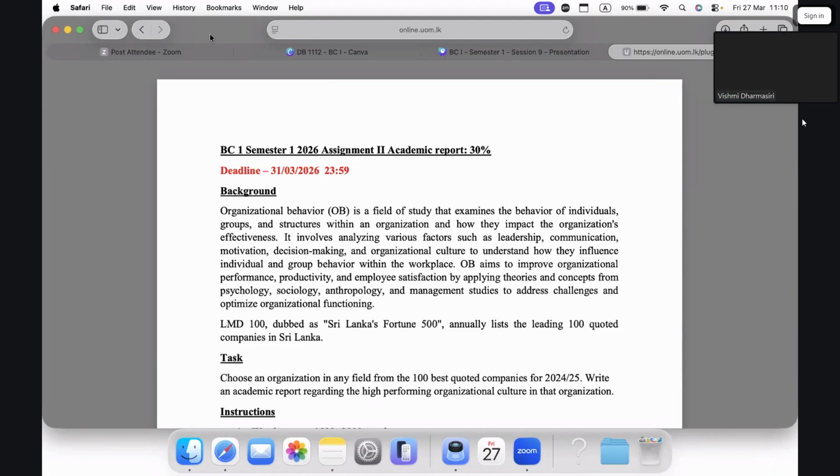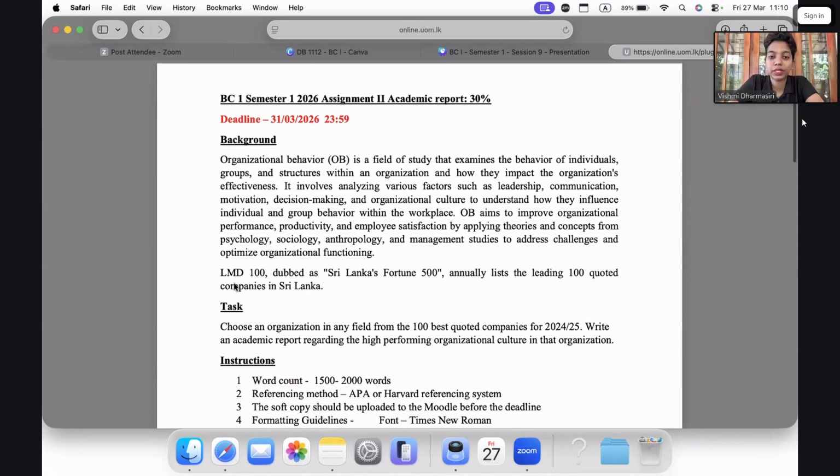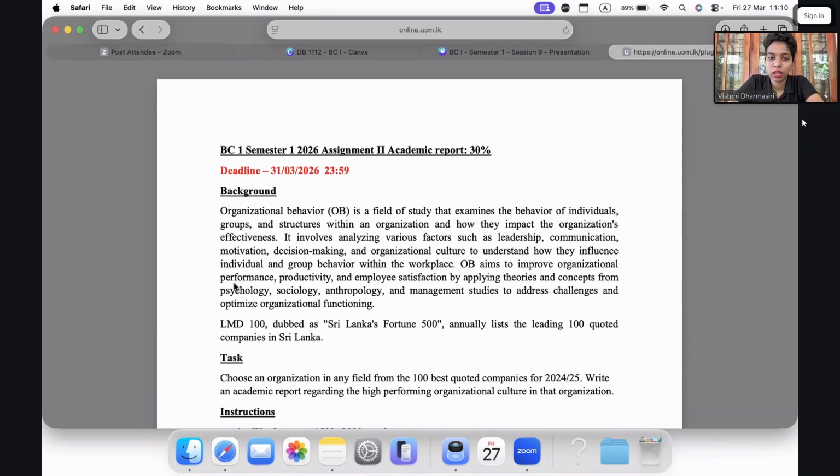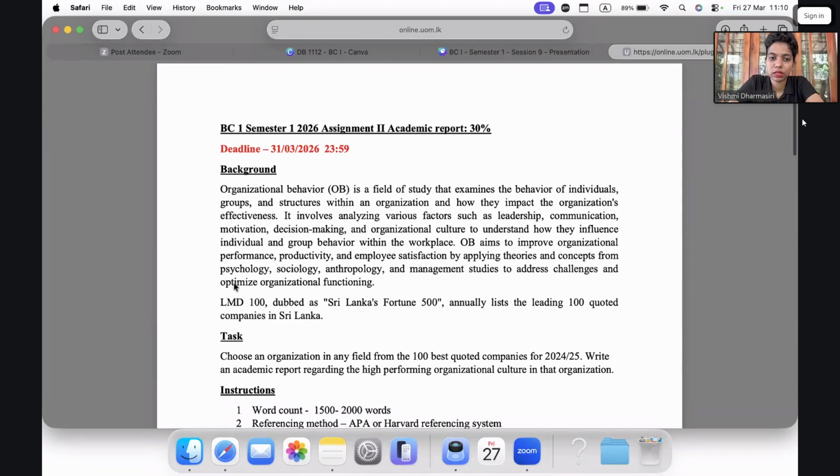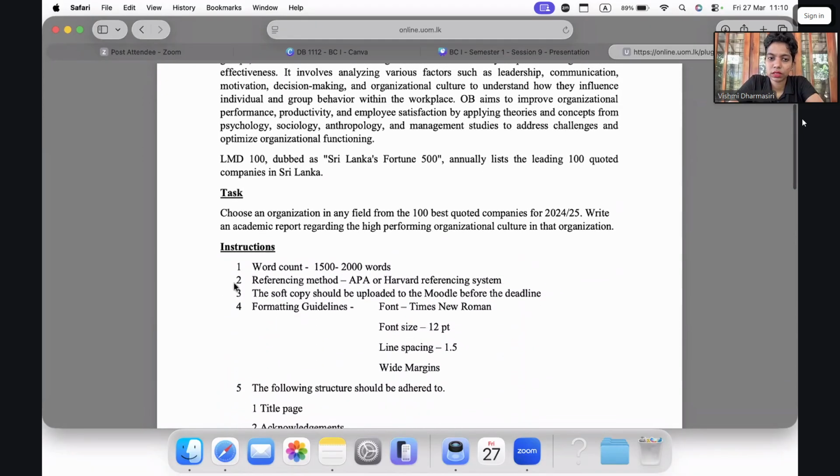Let me ask you, which parts of this assignment do you not understand? Which parts are unclear to you? Because I can't go explaining all of this. Can someone unmute themselves and tell me?